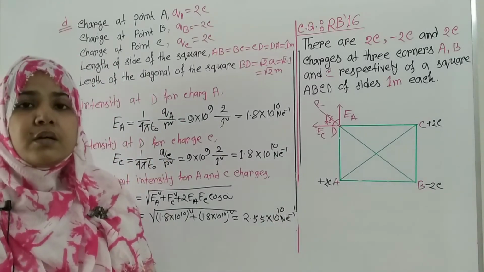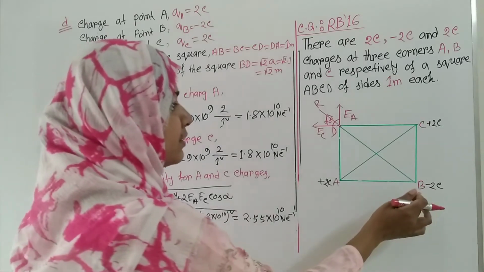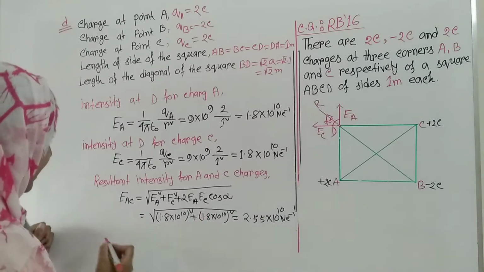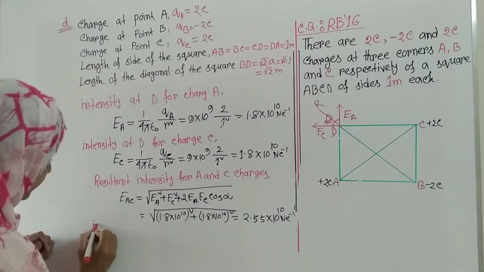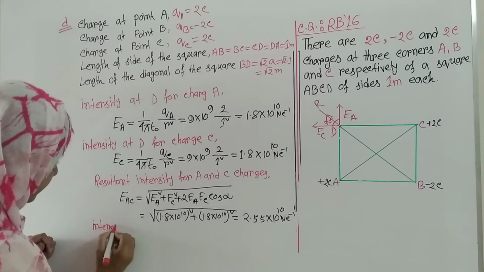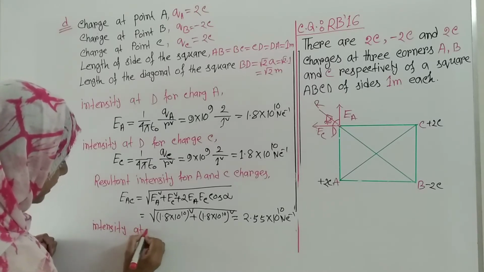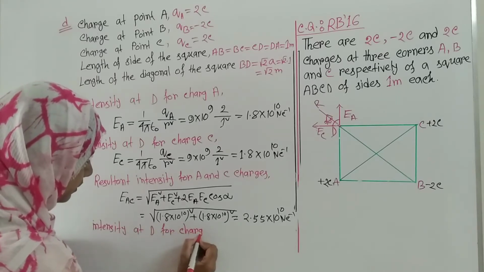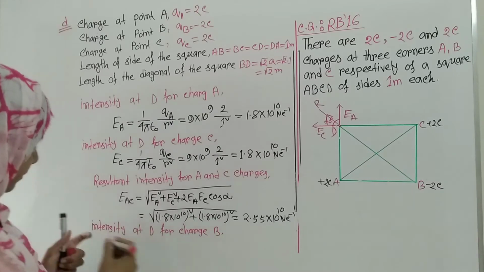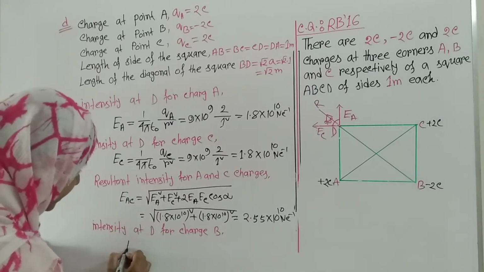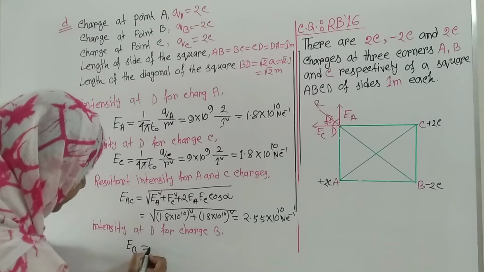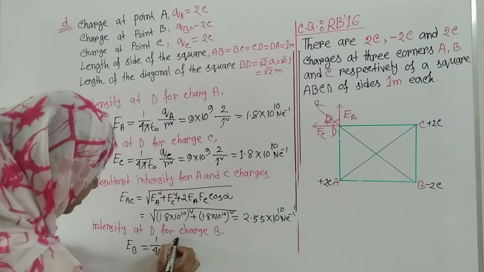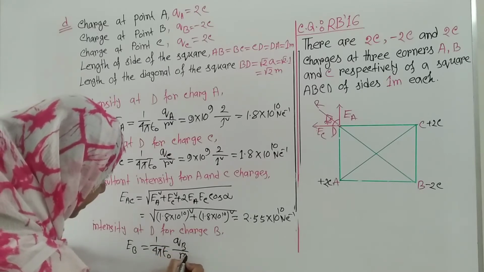Now the intensity for charge B at D. Now we can write the intensity at D for charge B. So for charge B we can write EB is equal to 1 by 4 pi epsilon naught QB by R square.